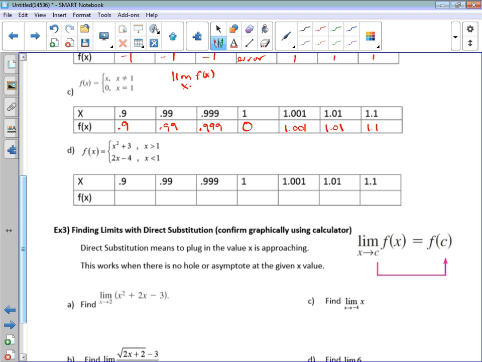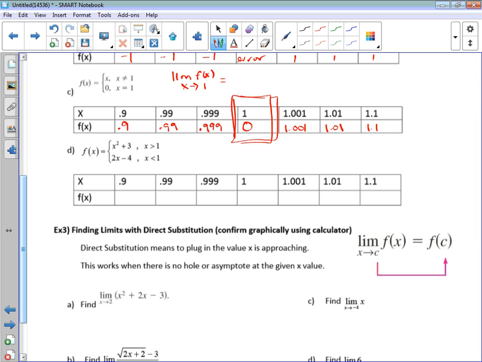But as x approaches 1, are the y values approaching the same thing? Yes. They are, yeah. They're approaching 1, on the left and the right of 1. Do we care that this is something different? No, that's just like those graphs that had a hole and then had a point up above. Doesn't matter.